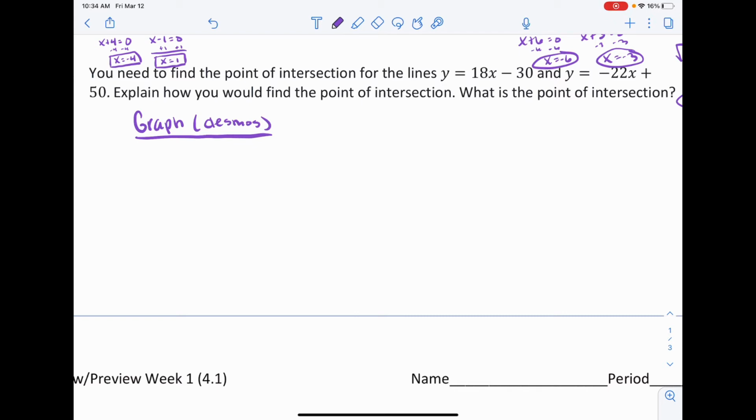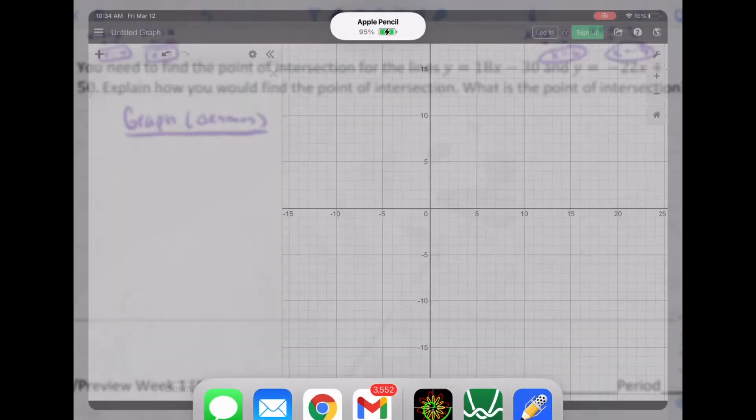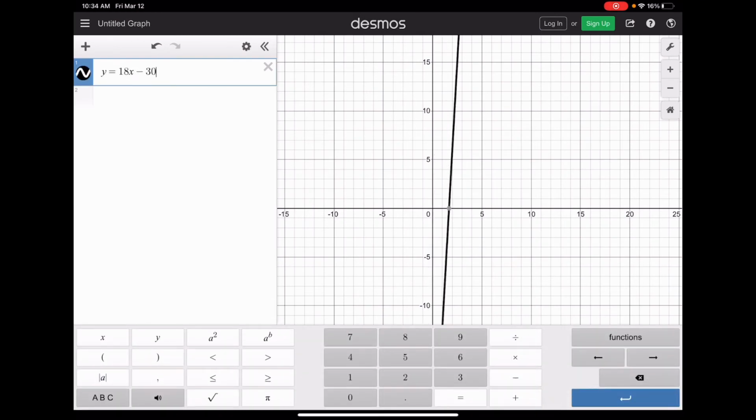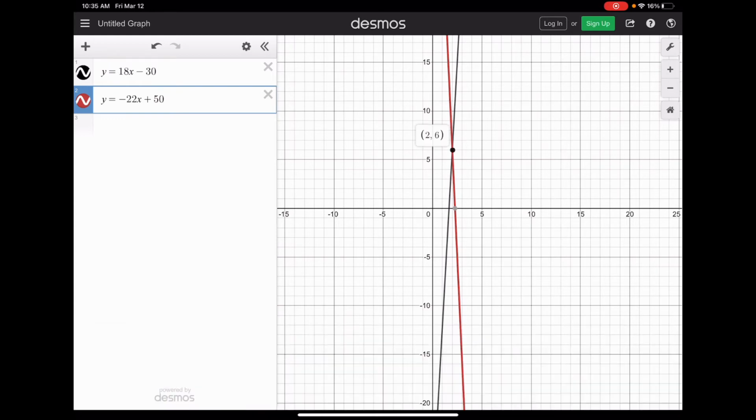So we have y equals 18x minus 30. Okay, and then we also had y equals negative 22x plus 50. Okay, and so when I look here, I see that we do have our intersection at 2, 6.